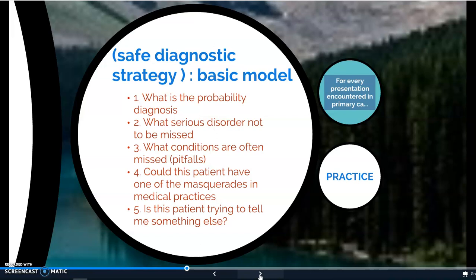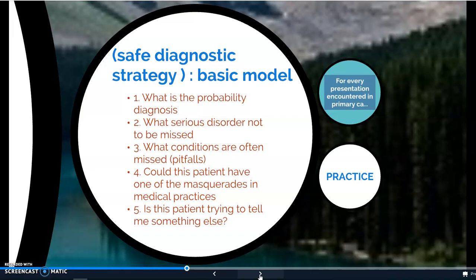So this is a model that we usually use in primary care to help us make a safe diagnosis for a patient. There are 5 questions in this basic model that you have to ask yourself.